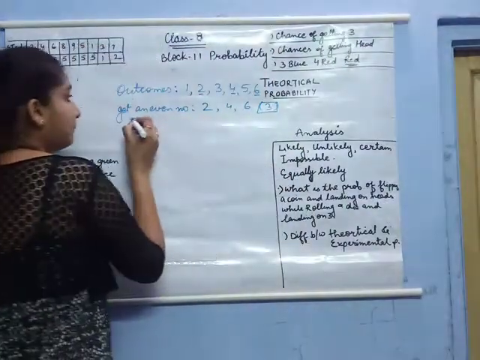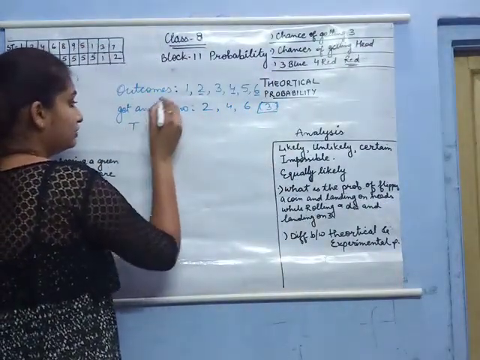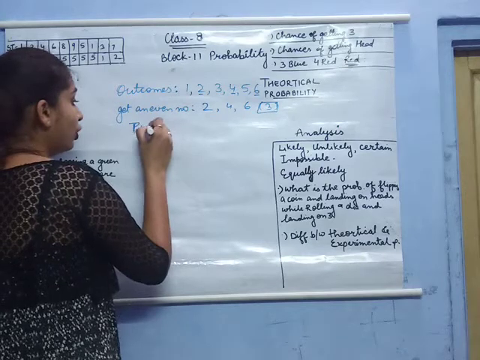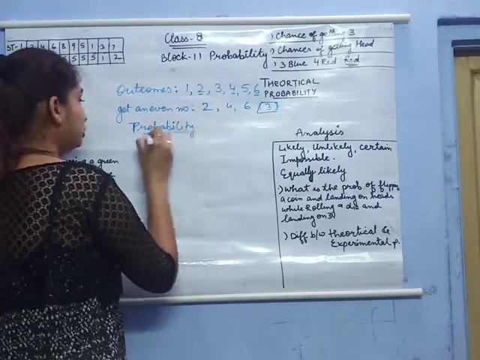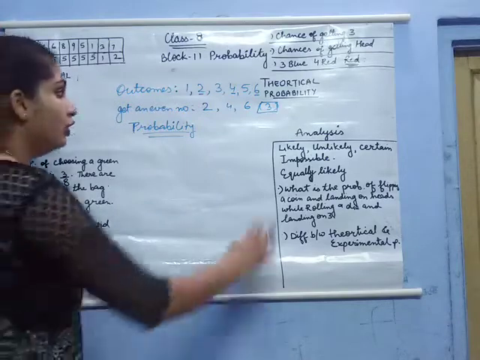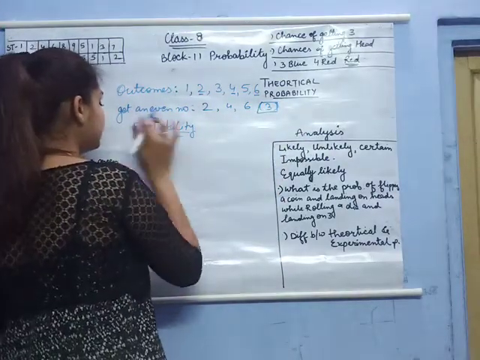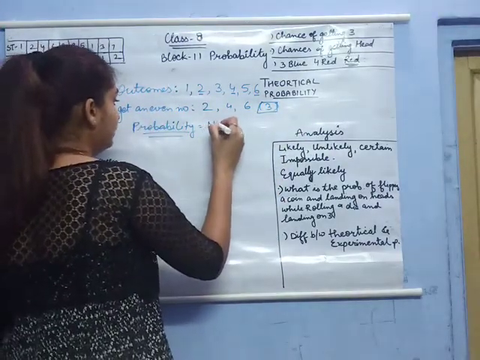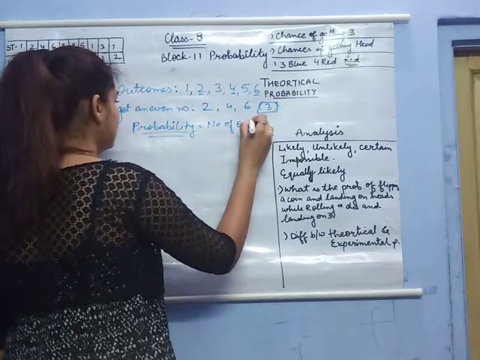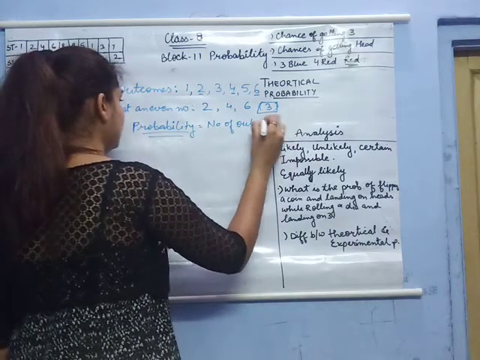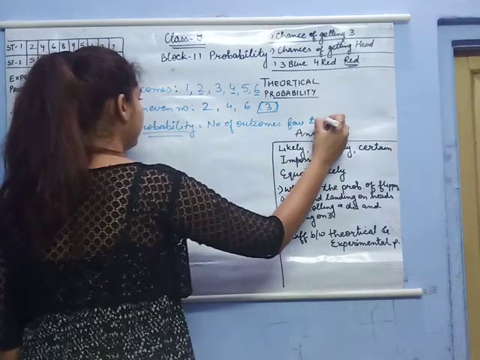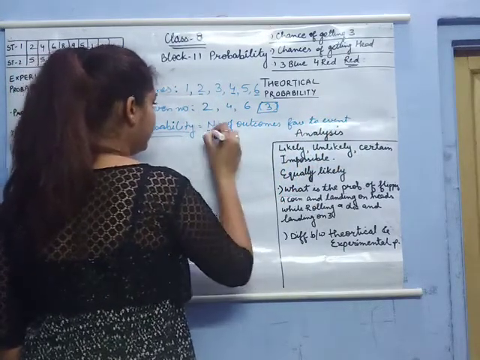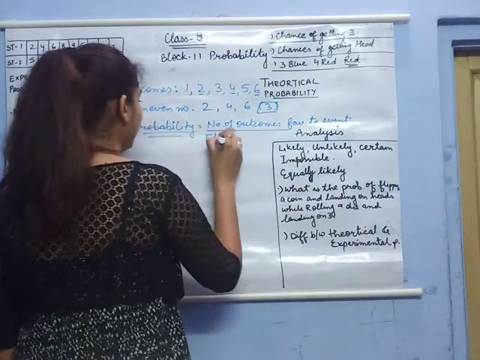Now, the theoretical probability. Theoretical probability is the number of outcomes favorable to the event divided by the total number of outcomes.